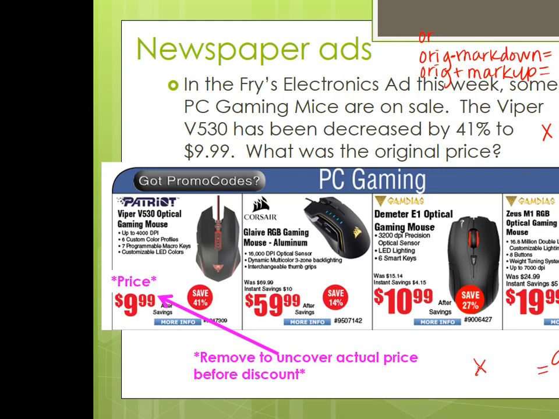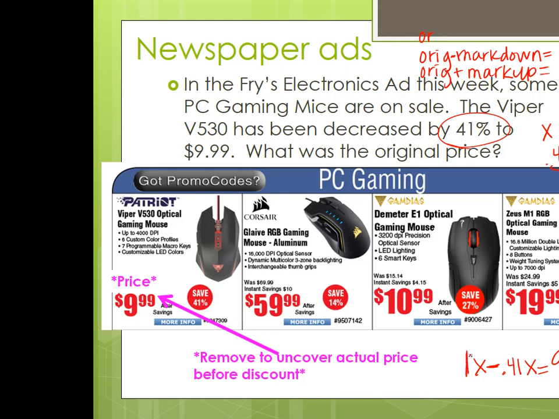So I don't know the original price, but I know that it was marked down 41% of the original price. So if you think about 41% of the original, that means 41% times the original, right? And if you write this as a decimal, that's 0.41 times the original. Well, the original is the one that I didn't know, so that was my x. So it's really 0.41x. So I have some amount, and I'm subtracting 41% of that amount to give me the $9.99.